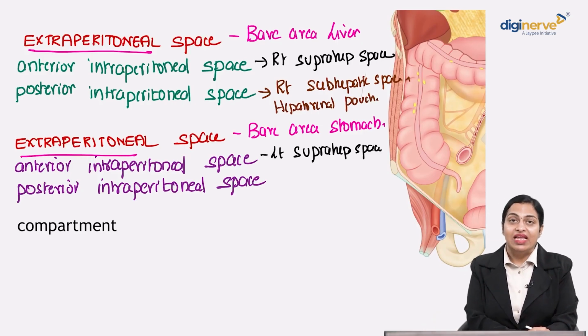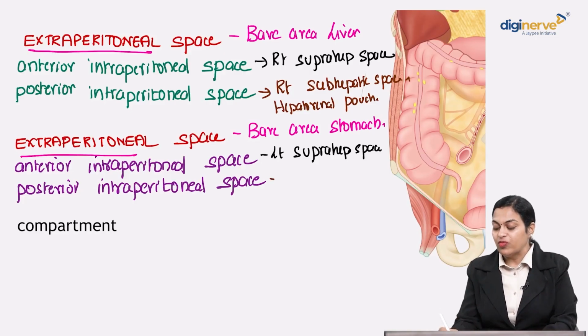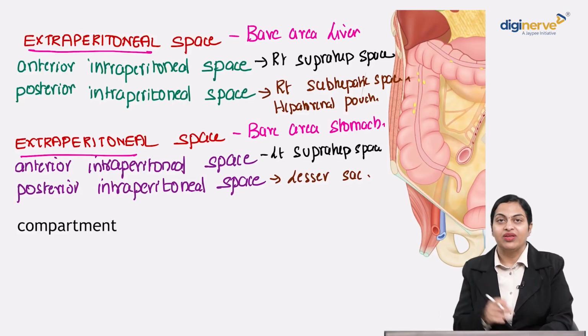Whereas the left posterior intraperitoneal space will correspond to the lesser sac or the omental bursa that is situated behind the stomach. Got it? Do you want me to repeat it again?